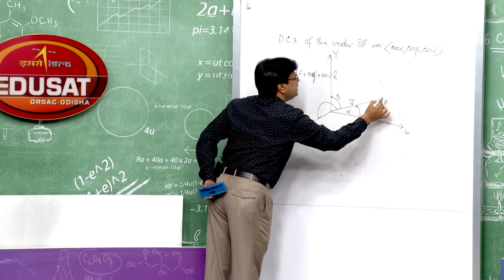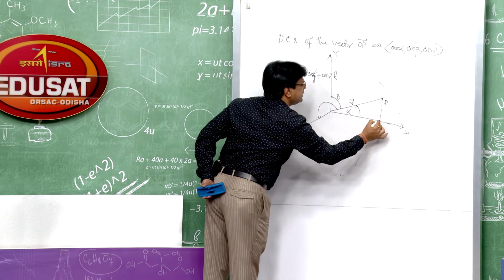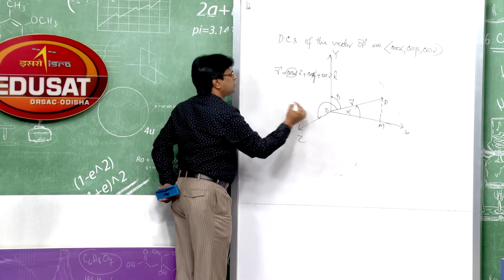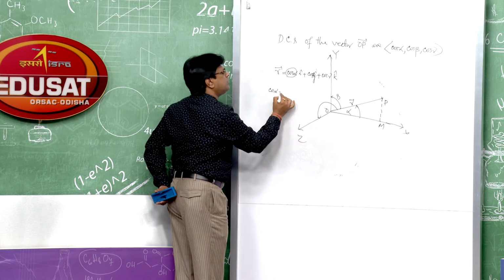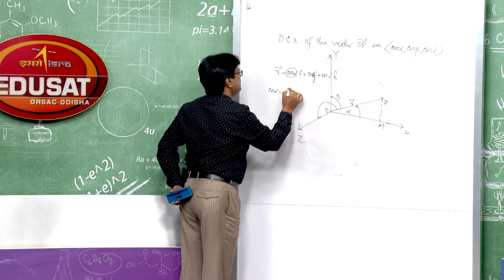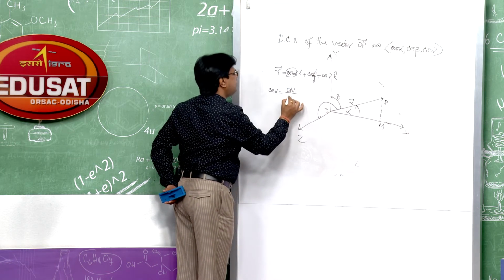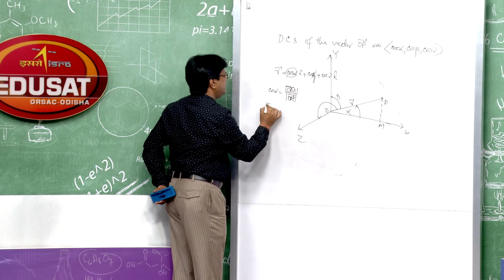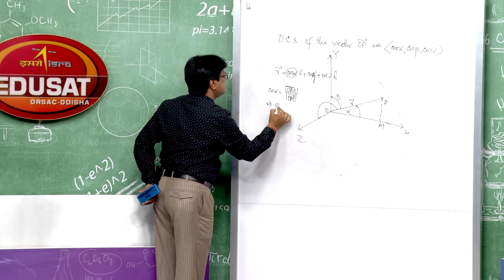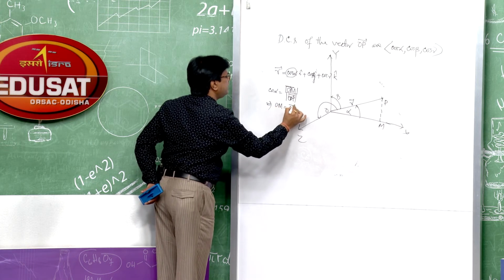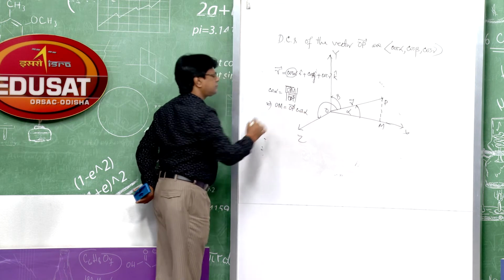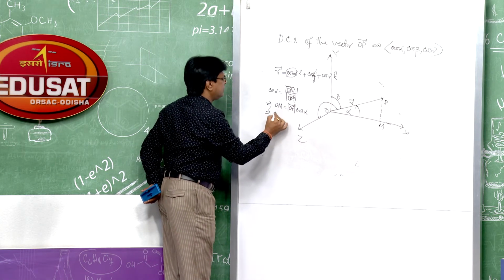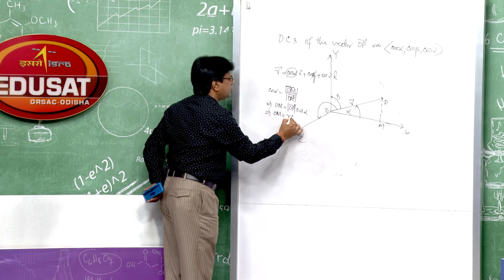Suppose we draw a perpendicular on the x axis. So, this is suppose OPM. Cos alpha is nothing but OM by OP, or OM is OP cos alpha. OP means this is R, so OM is equal to R cos alpha.